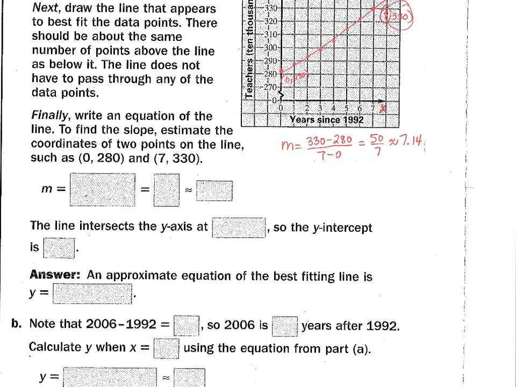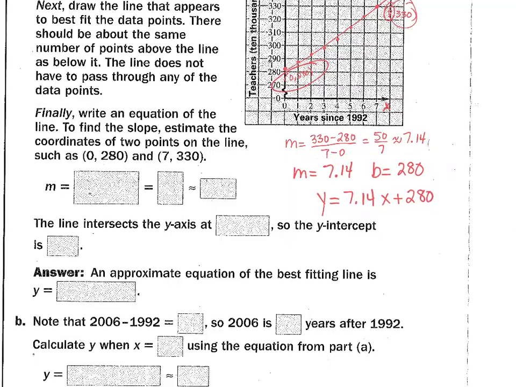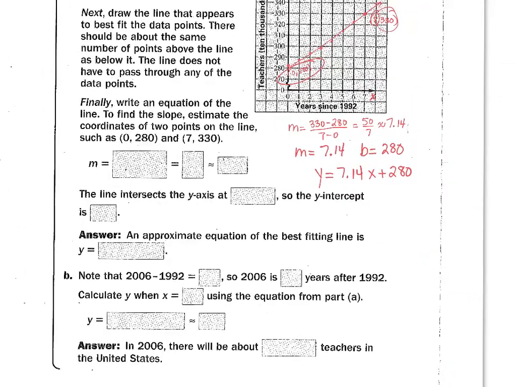We know the slope. What would my y-intercept be since I made it (0, 280)? My slope is 7.14 approximately. My b is what, Alex? 280. So now we can write the equation y equals 7.14x plus 280. Predict the number of teachers in 2006.